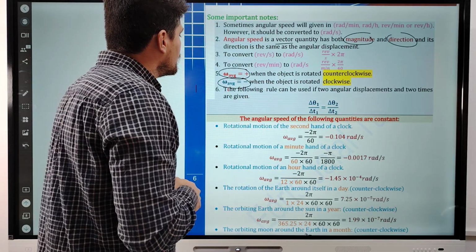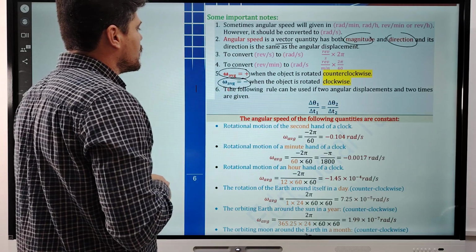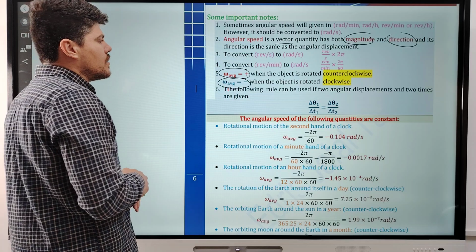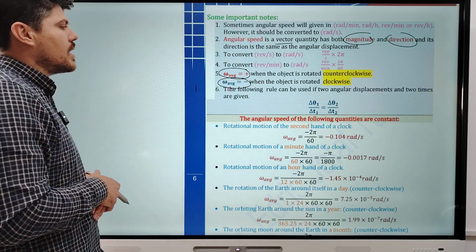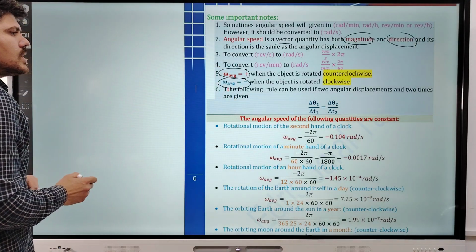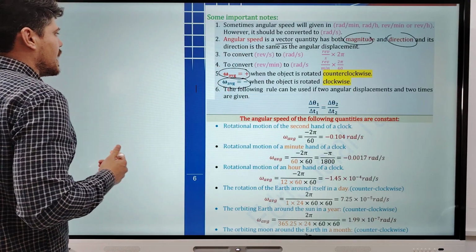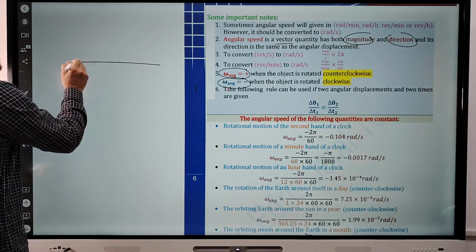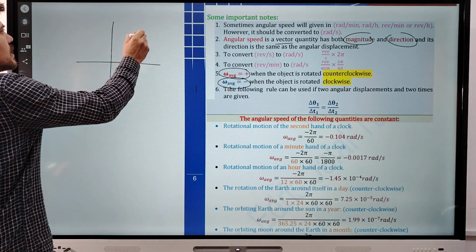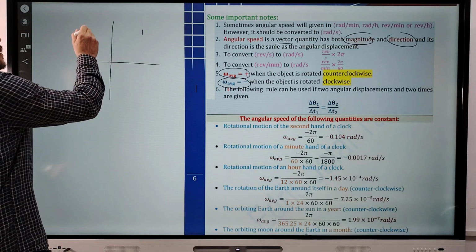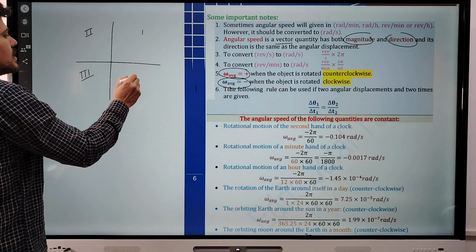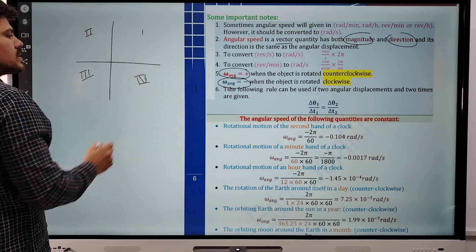if it's hard to understand this positive and negative sign, sometimes students forget when omega is positive and negative. If you have a hard time here, you can recognize it yourself like this. Let's draw the plane of x and y. As you know, this is the first quarter, this is the second quarter, this is the third quarter, and this is the fourth quarter.